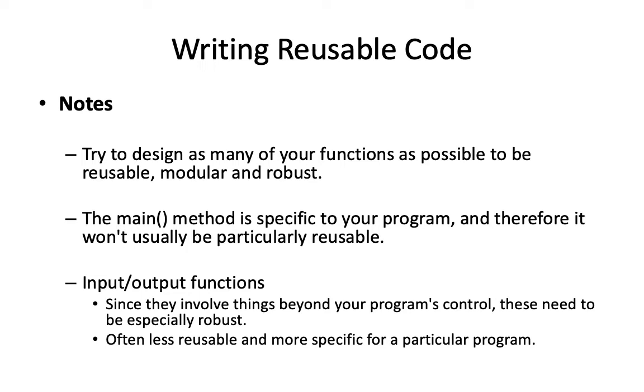So for these, because they're outside of your program's control, you want to add a little bit extra robustness to input and output functions. You want to make sure that if a user types in a value, that value is actually usable by your program. Does it make sense? And again, we'll see an example of this in a little bit too.